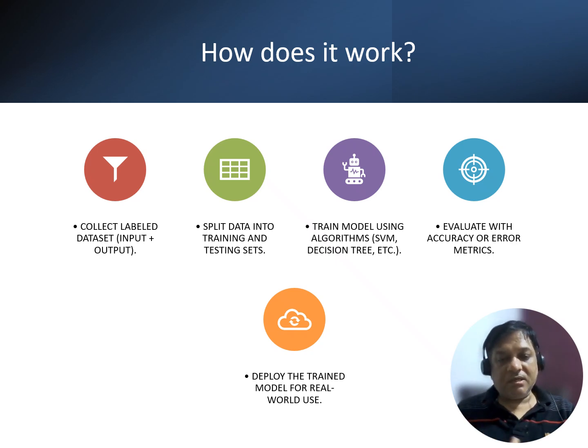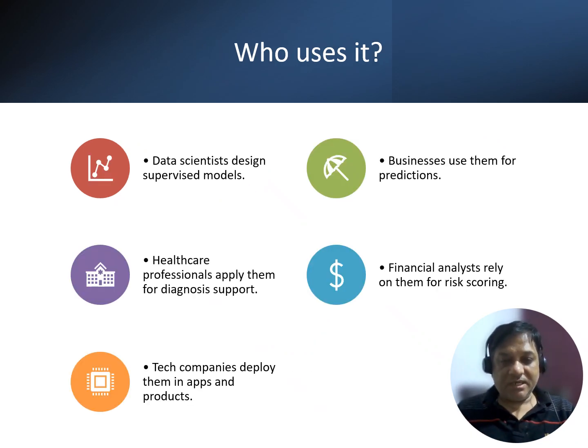So basically, it collects the data and trains itself, by splitting the data into testing and training data, and then it creates a training model based on different algorithms. And who uses it? Data scientists, businesses for predictions, healthcare professionals for diagnosis support, financial analysts for risk scoring, and tech companies deploy them in apps and products.